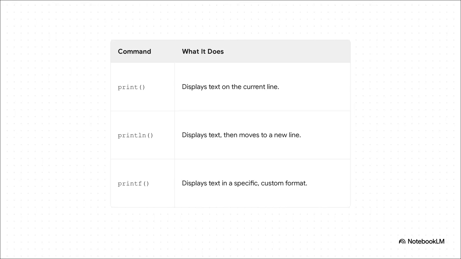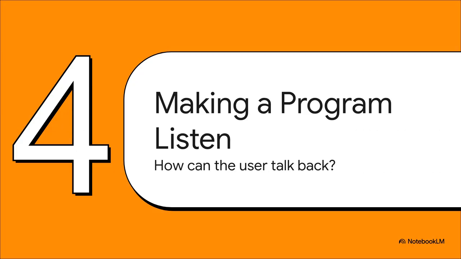The basic print command does the same thing but stays on the same line. And then there's printf. The F is for format, which is what you use when you need to be really precise, like controlling how many decimal places to show. So our program can talk. That's a huge step. But a good conversation is a two-way street, right? To make our programs truly interactive, we need a way for the user to talk back to the program. We need a way for our program to listen.